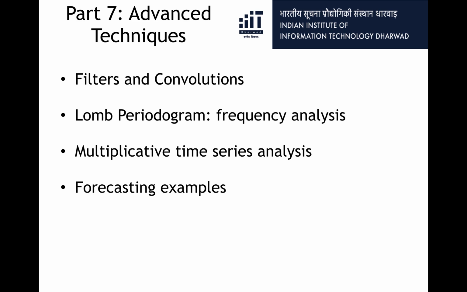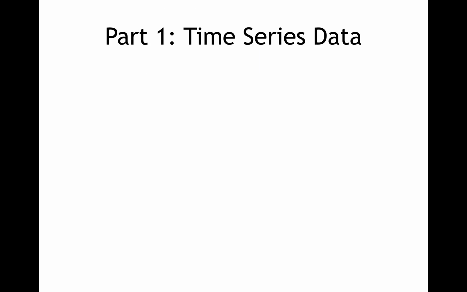And in the last part, we will look at some advanced techniques in time series analysis, how to do analysis in the frequency domain. For example, if you have rainfall data and so on, how we can actually try and predict monsoon rainfall and why it is so difficult to do that. Some of those things we will look at in the final part of this module on time series analysis in the data analytics course. So let's begin with the first part, namely time series data.